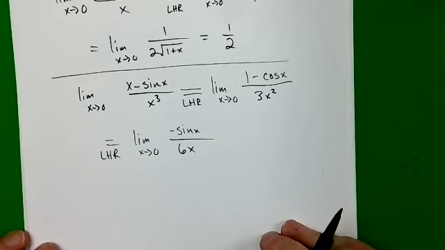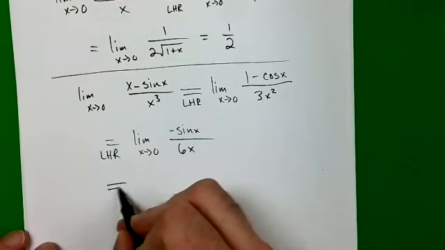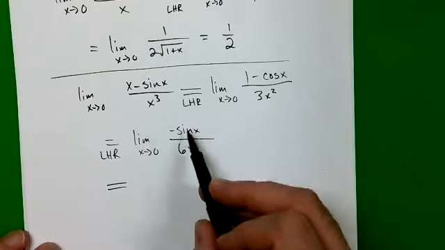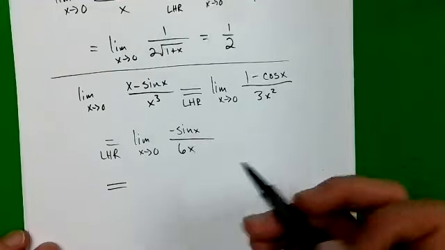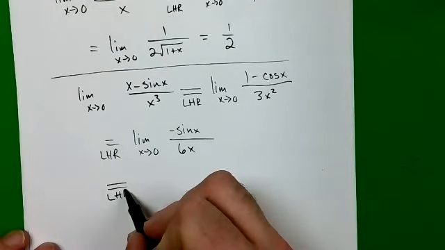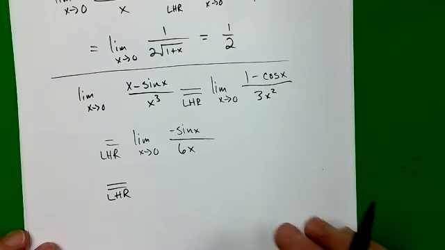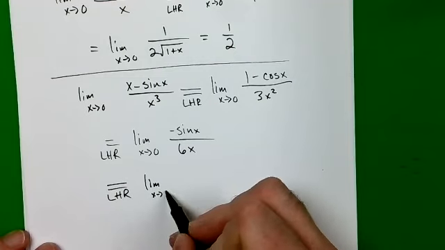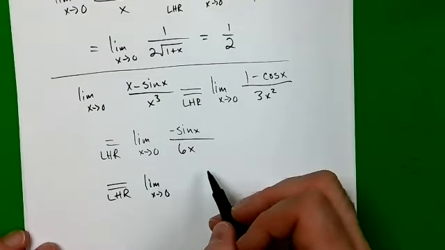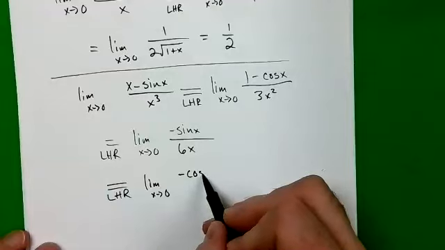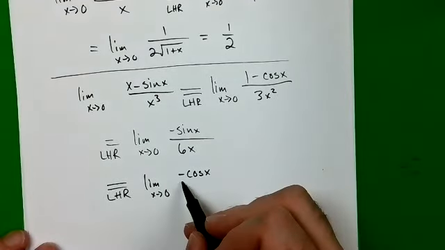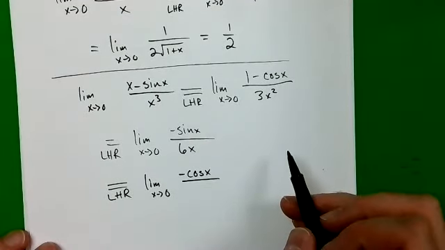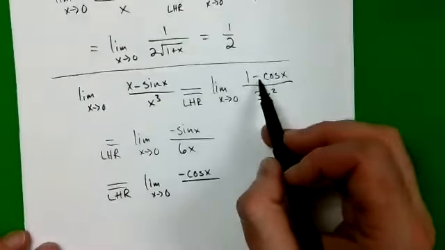Now that's another indeterminate form. And I'm going to go ahead and use L'Hopital's rule again. If you remember sine x over x is 1, you're going to see that's negative 1/6. But we're in the L'Hopital rule section, so let's use it 3 times in one problem just for fun. So this will be the limit as x approaches 0 of minus cosine x over, hold on, quick mistake.